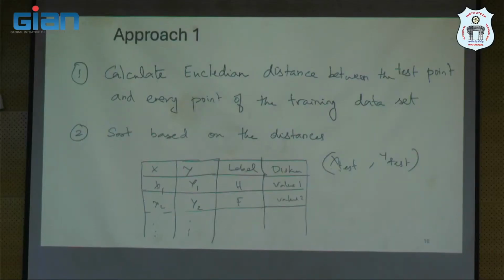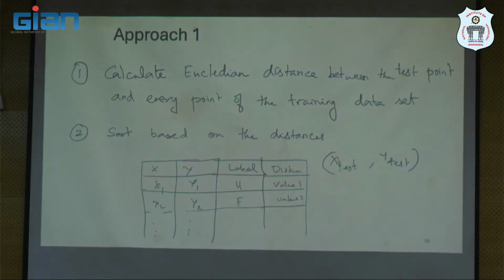And then you will sort the entire matrix based on the last column in ascending order. Once this matrix is sorted, the lowest distance will be the topmost row.